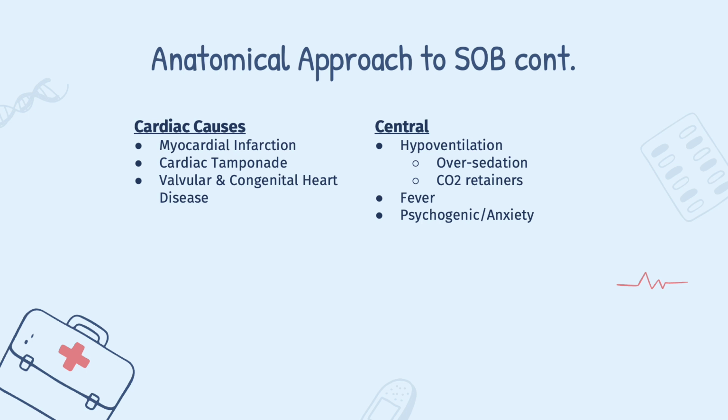Some cardiac diseases increase the pulmonary vasculature pressures and therefore lead to decreased lung compliance, and then therefore lead to shortness of breath. So some of the cardiac causes, we're very familiar with MI. We're going to talk a little bit more today about cardiac tamponade, our valvular disorders, as well as the congenital heart defects that we talked about in peds.